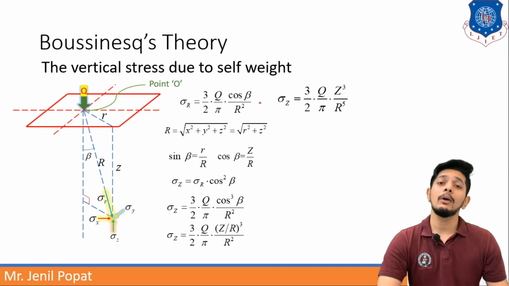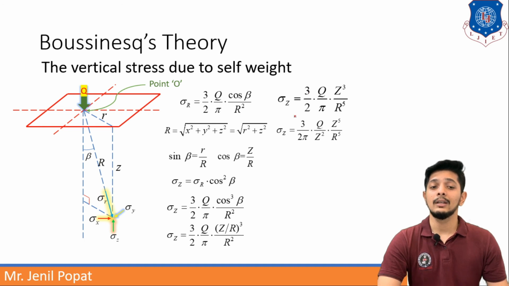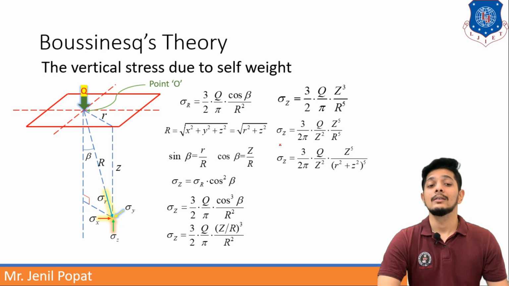Now if I multiply z square on the upper and bottom both sides, we can take sigma z as 3 by 2 pi q by z square, z raised to 5 upon R raised to 5, and we can take z by R raised to 5 as common. Now sigma z can be written as 3 by 2 pi q by z square, z raised to 5 upon R, where R is under root r square plus z square. So we can write r square plus z square raised to 5 by 2.